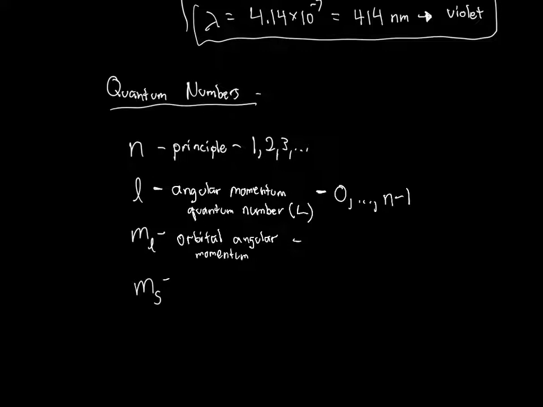What can the values of this be? They depend on l. I can go from negative l all the way up to l. And then m sub s. That was the spin, and the spin is the easiest one. What's the spin? Positive or negative 1/2. It has to be one of those two.